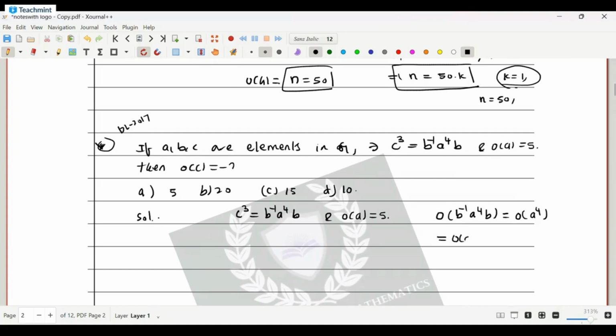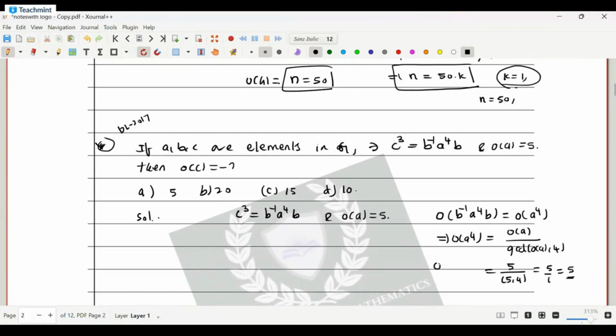What is the order of a power 4, sir? The order of a power 4 is equal to the order of a divided by GCD of the order of a and 4, which is 5 by GCD of 5 comma 4, which is 5 by 1, which is equal to 5.